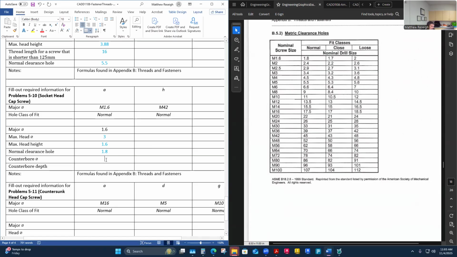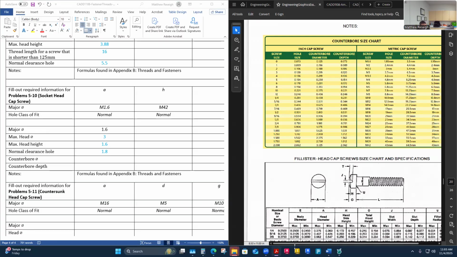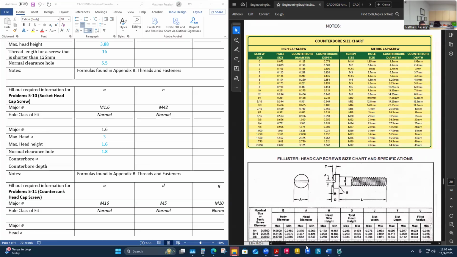I need to counterbore this thing with the counterbore diameter and depth. This one is for sure that green chart that I have added on here. It seems to be maybe the most reliable just to spit out the diameter and depth in one. Here's 1.6 diameter cap screw. It's a counterbore, so we would know that this is like a socket head.